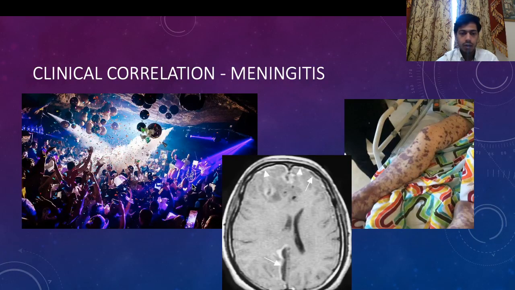And I've got this image here inside a club, and that's because meningitis is quite often spread either by direct contact or by aerosol transmission, and quite often this happens to be in nightclubs, and this is very common for university-going children because of the nature of the first few weeks of university when you've got Freshers' Week, etc.